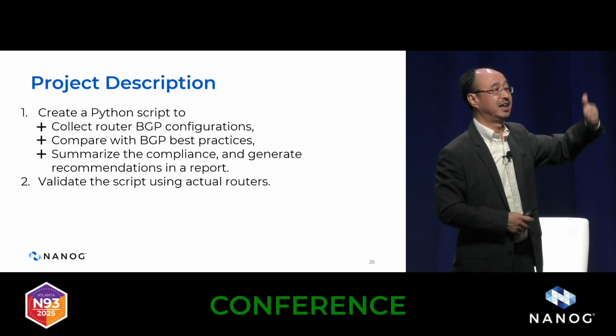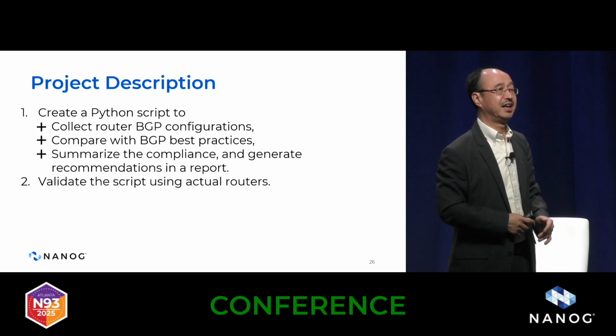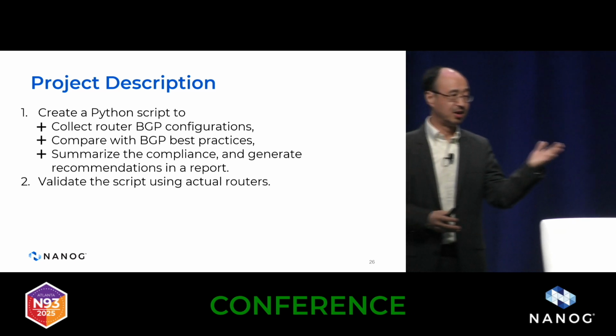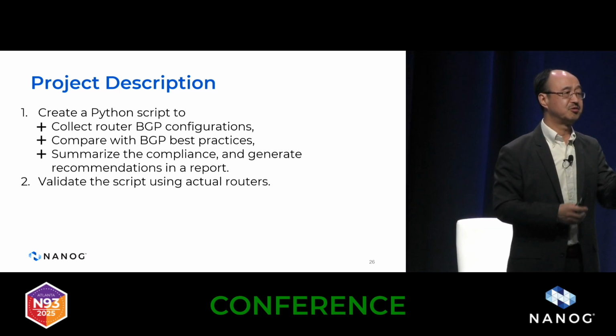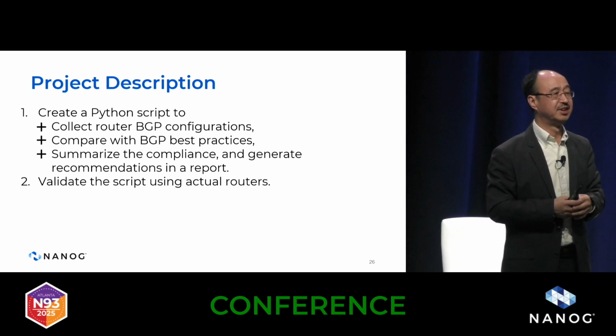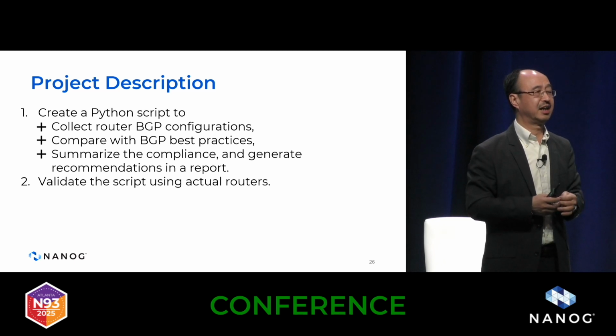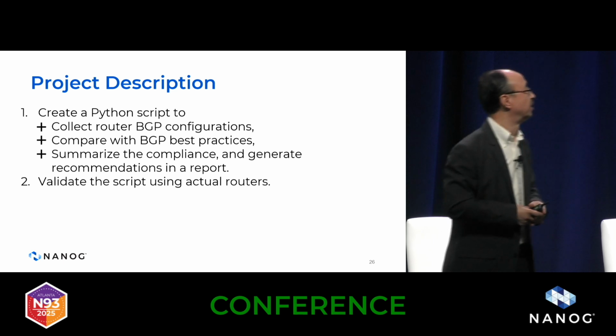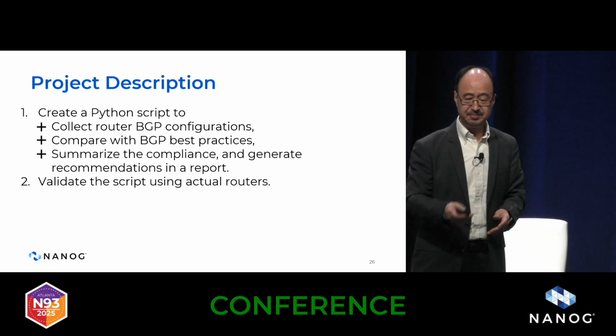And run through it and generate the report. By doing that, we are confident that the script works. It produces the results that we asked for. And then the script is usable. This is the project description.